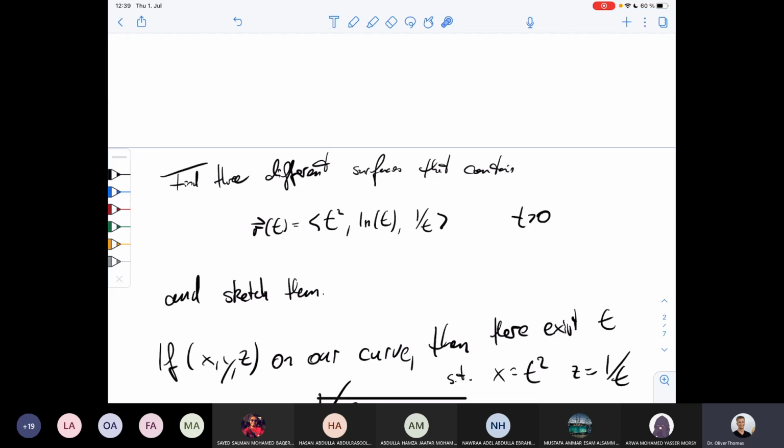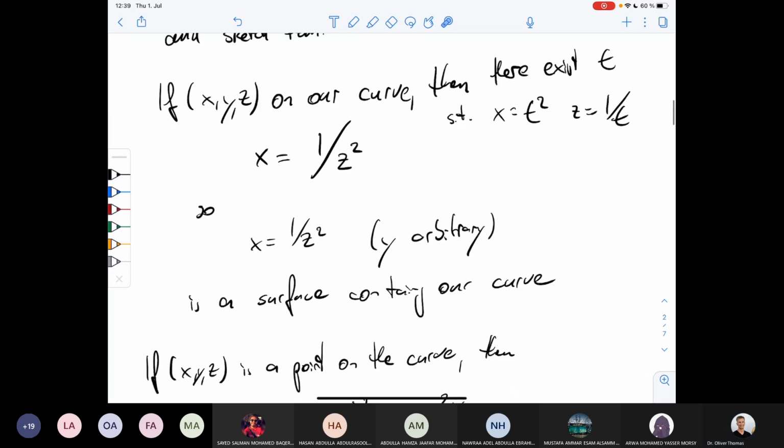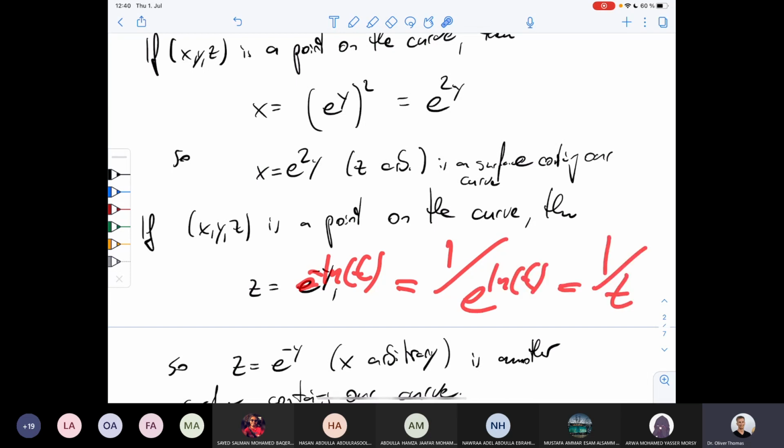So if I want to get 1 over t, if I already have the logarithm of t, first again I build e to the ln of t, which gives me t. But I want 1 over t, so I actually take e to the minus ln of t, which is 1 over e to the ln of t, which is 1 over t, which is precisely the third component.